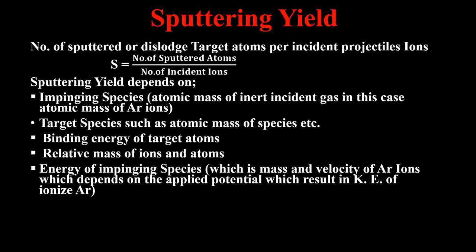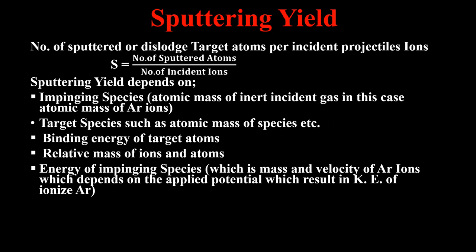In order to remove the source material, we need highly energetic ions, and to get more yield, the velocity and mass of the inert gas ion are considered.